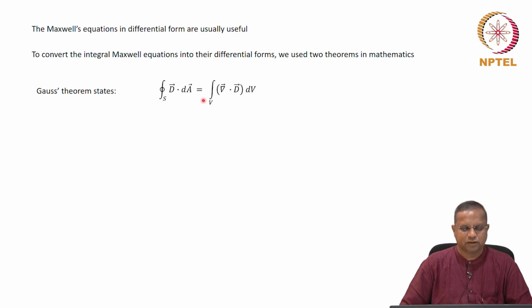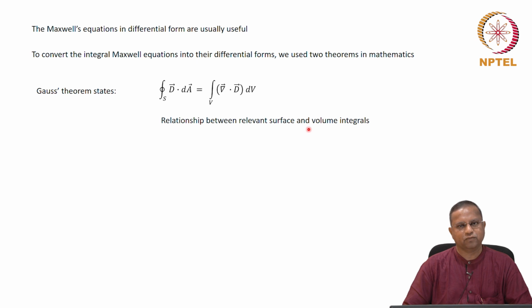In other words, you're going from a surface integral to a volume integral. The surface integral is D dot dA, and the volume integral is del dot D dV. This helps in converting one type of integral to the other, surface to volume. So the relationship between relevant surface and volume integrals is given by Gauss's theorem.